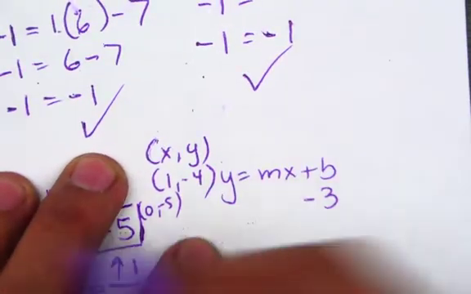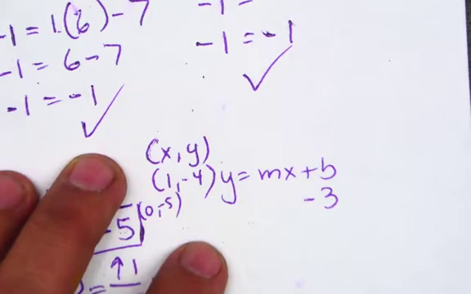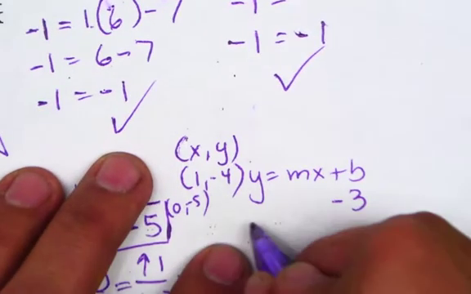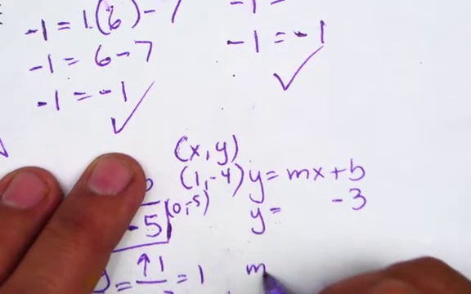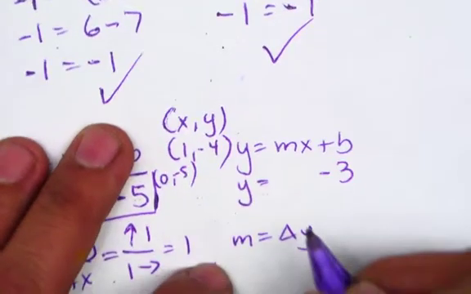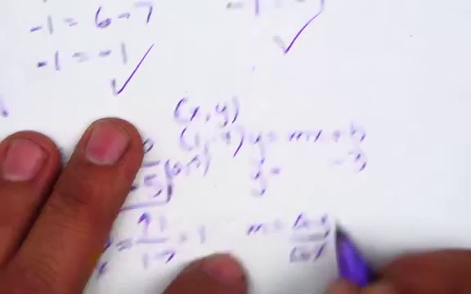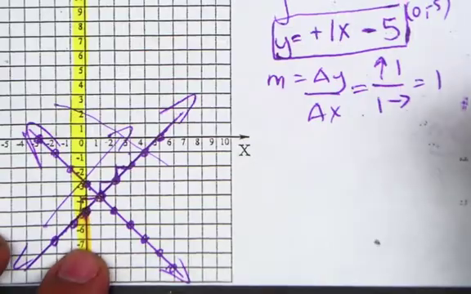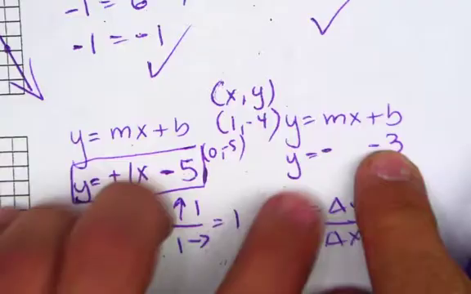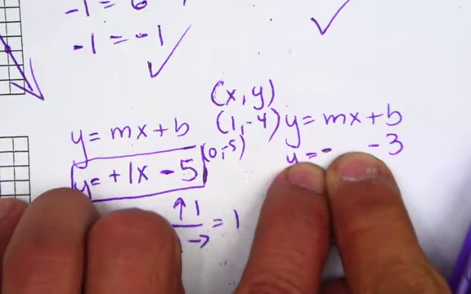So I'm going to put negative. Okay? So now how many is it going down? Well, let's try it. 1 over 1. So it's negative 1 over 1, which is negative 1. Which it should be negative 1x minus 3. There's your second equation.